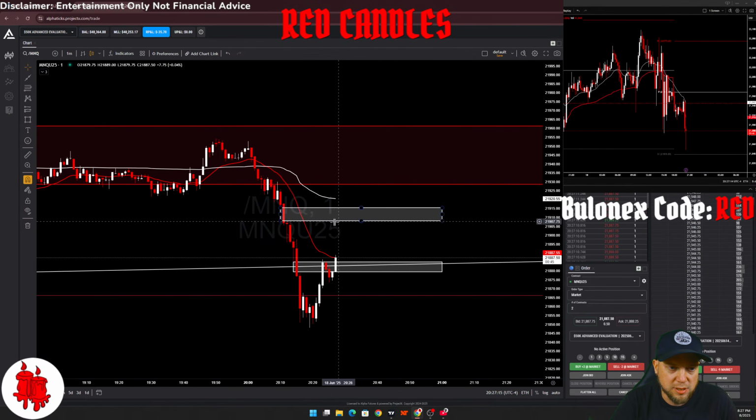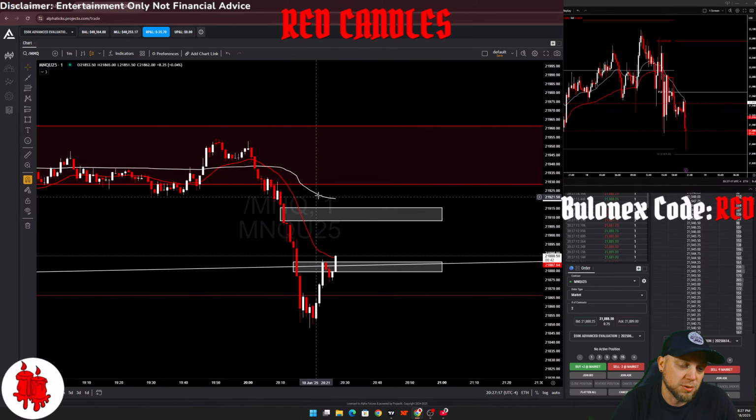We'll wait for it to retest this fair value gap, and if that fails, then we'll go all the way to this resistance area right here.